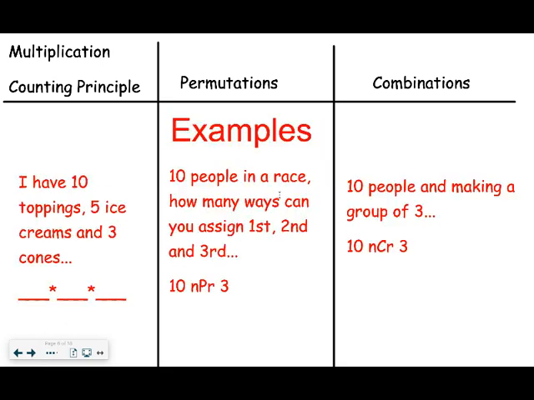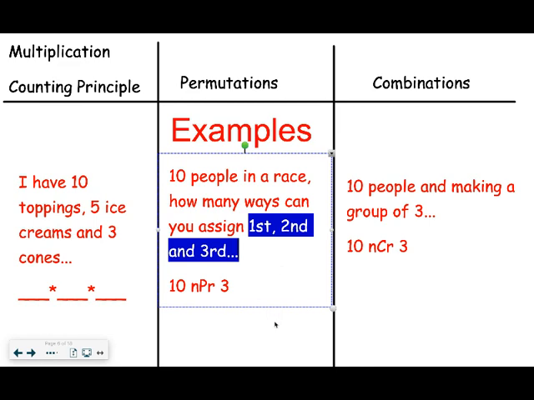And then one example of each here. For MCP, I have 10 toppings, 5 ice creams, 3 cones. How many options do I have? We'd take 10 times 5 times 3. For a permutation problem, we have 10 people in a race. How many ways can you assign first, second, and third? We'd do 10 nPr 3, because the order matters because of that first, second, and third.